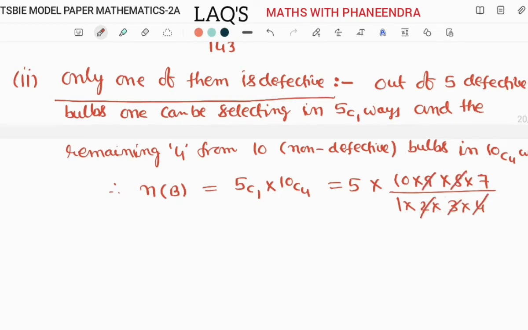If you multiply these, 21 into 5 is 105, into 10 is 1050. This is n of B. So therefore P of B, the probability of only one of them being defective, is n of B by n of S.